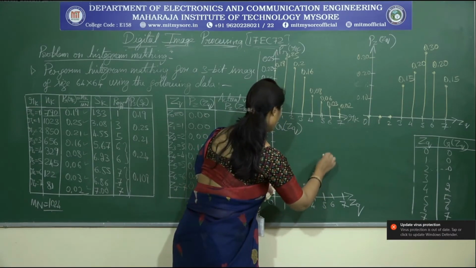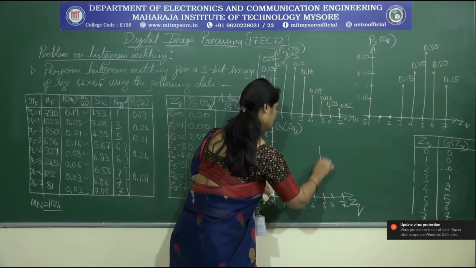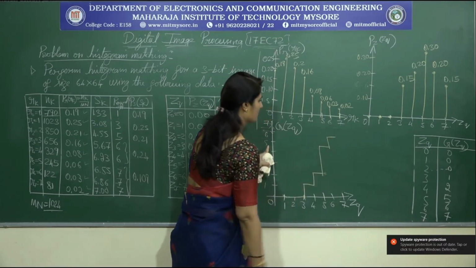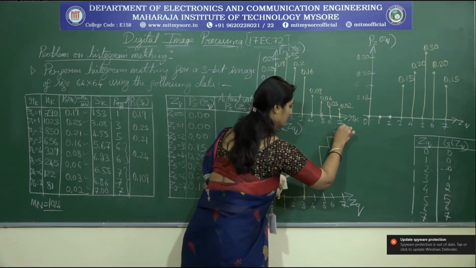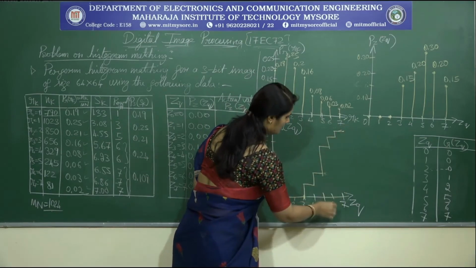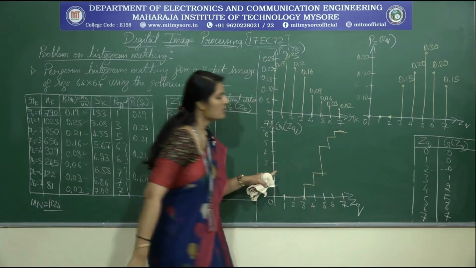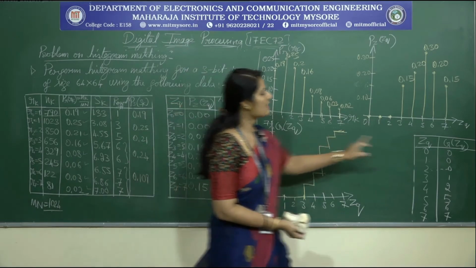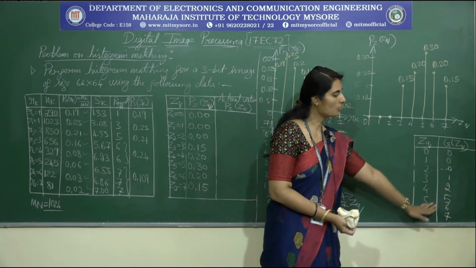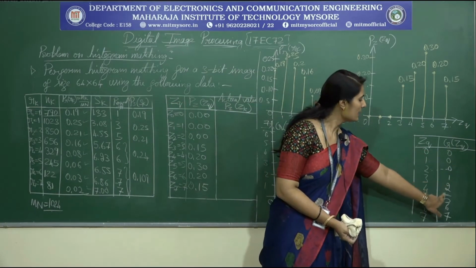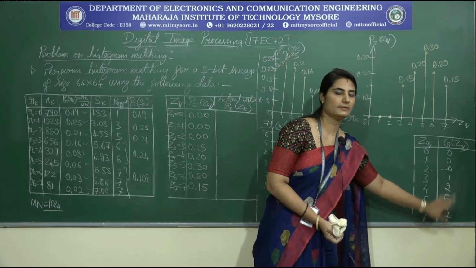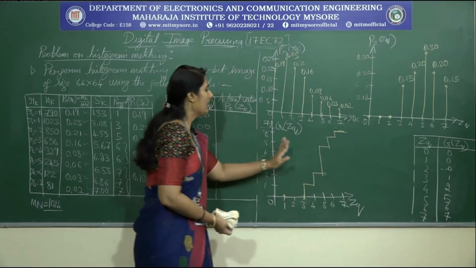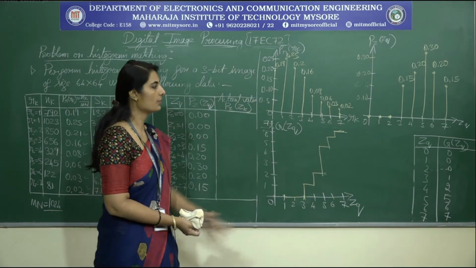For 5 it is 5, for 6 it is 6, and for 7 it is 7. Okay. So this is the transformation function.